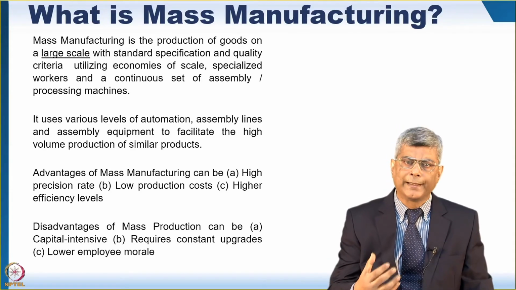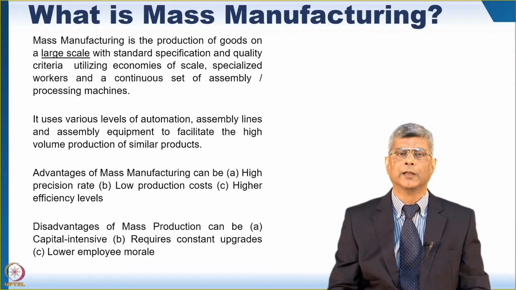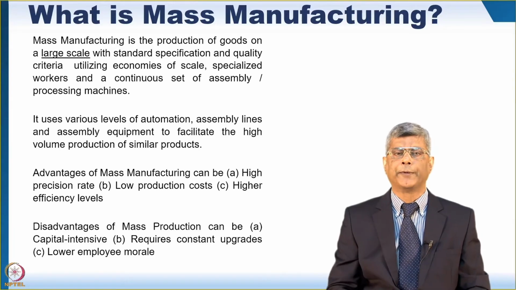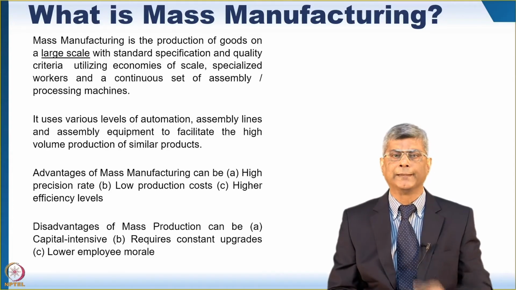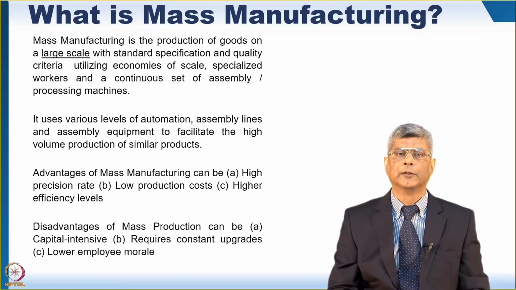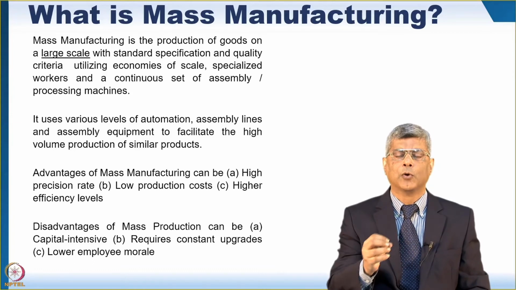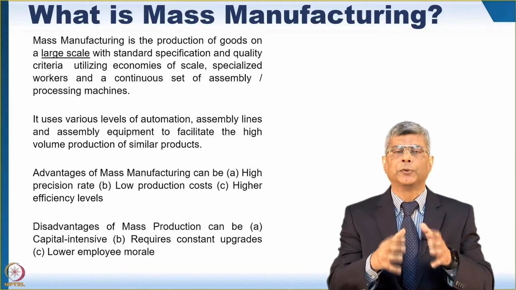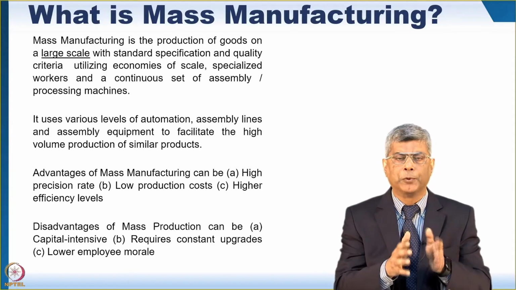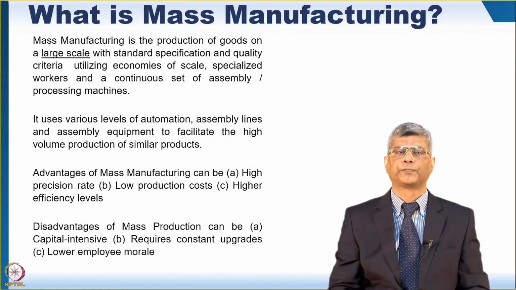So what are the advantages of mass manufacturing? First, it's a high precision rate, because in one mass manufacturing station, one assembly line station, or one step of the process with specific workers, the focus is only one step, one component, one assembly step.